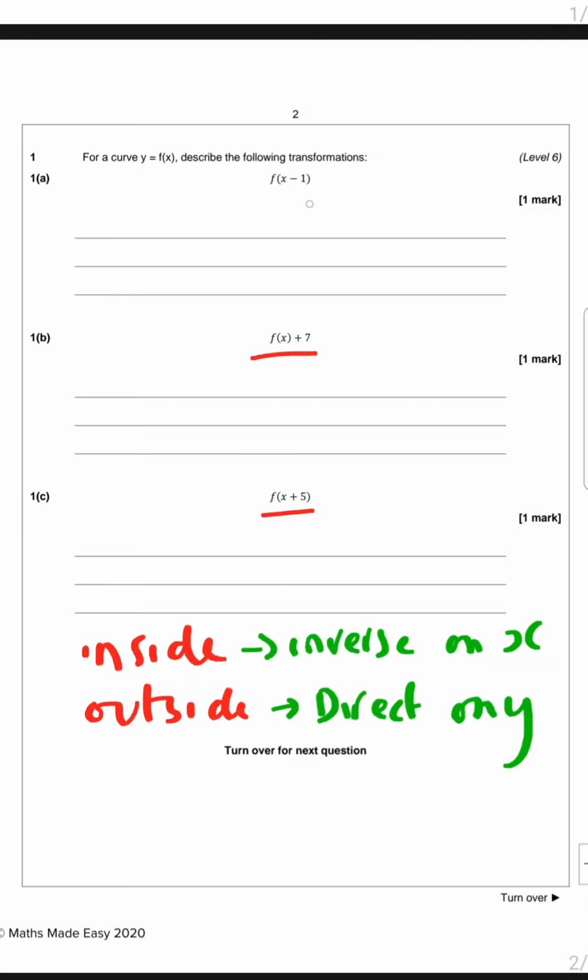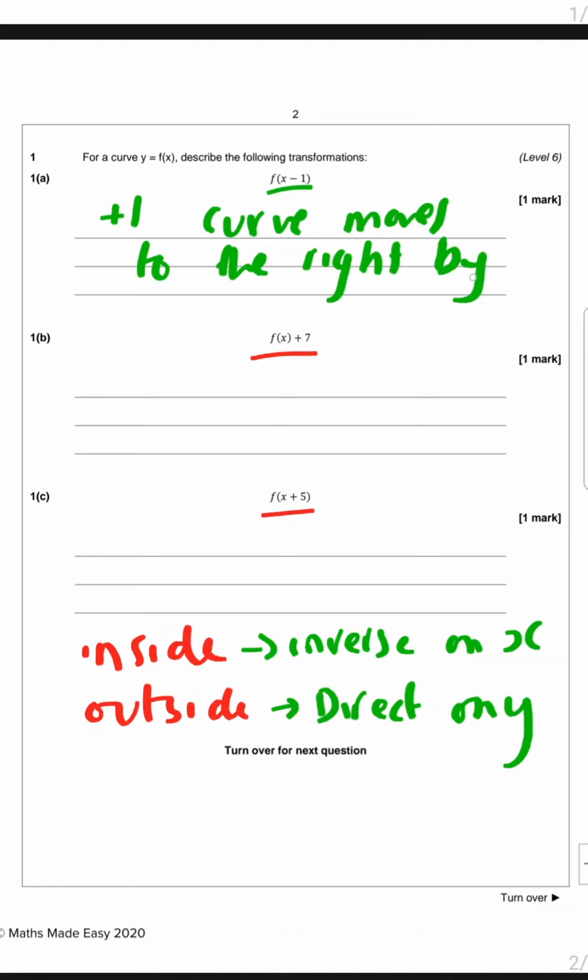So if we look at this question here, this is inside, so it's the inverse on x. If it's -1, the inverse of that will be +1, so it moves +1 position. Anything moving in a positive position is moving to the right. So you can say the curve moves to the right by 1.